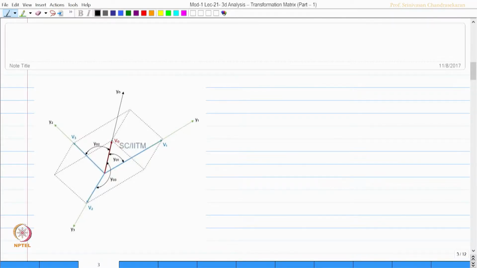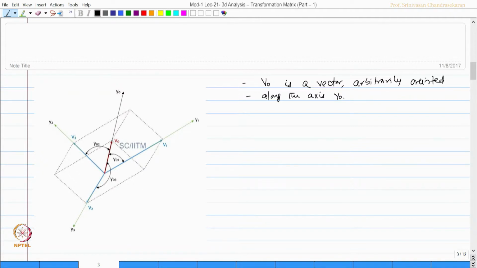One can see here V0 is a vector which is arbitrarily oriented. This V0 vector is oriented along the axis y0.